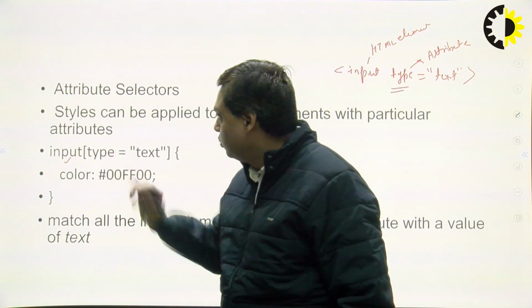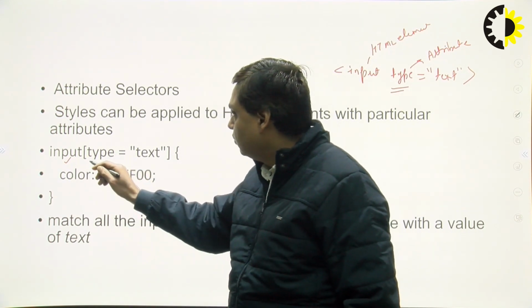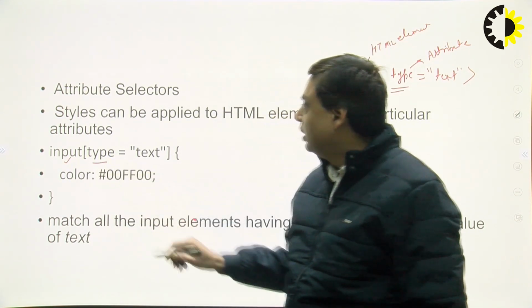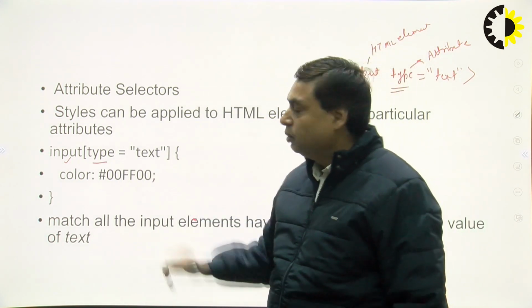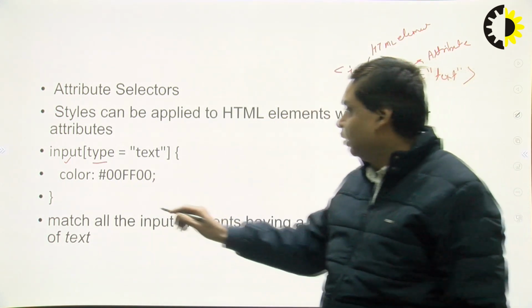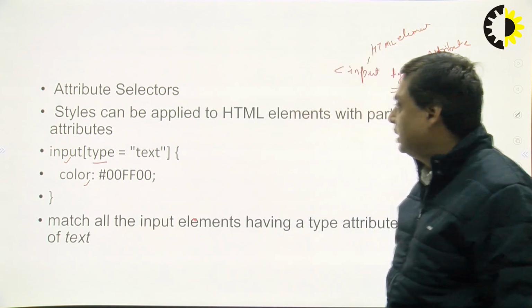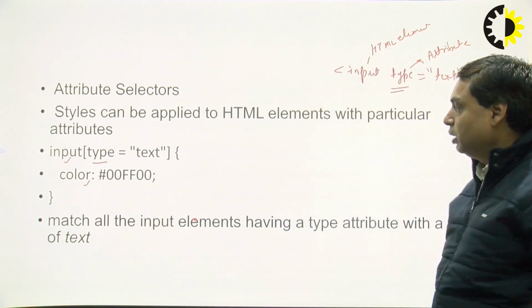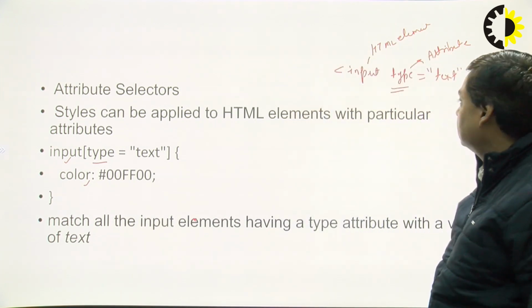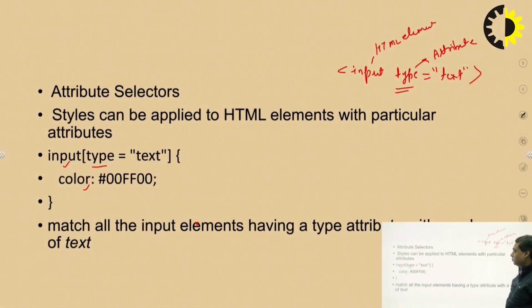So we have taken the input tag here and given the name of the attribute, type, and if the value of the type is text, then the color of the text will be this one. So we are applying the CSS by selecting the attribute and its respective value. This is an example. There are many rules for applying CSS on attributes of HTML that I'm going to discuss.